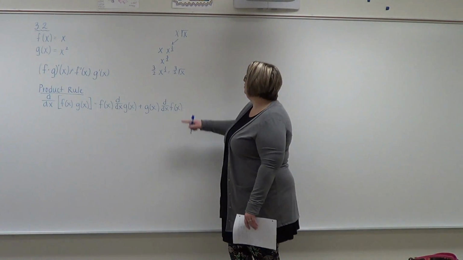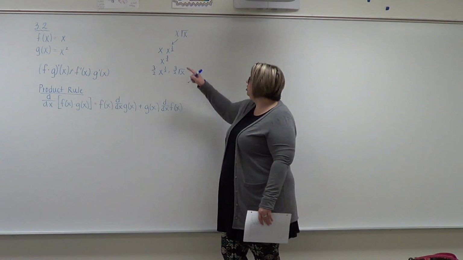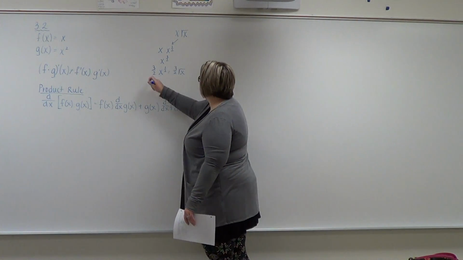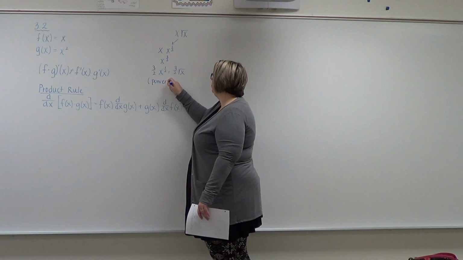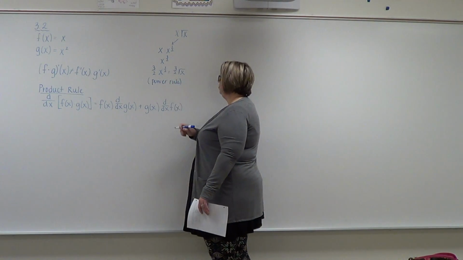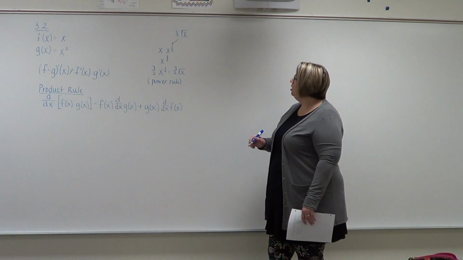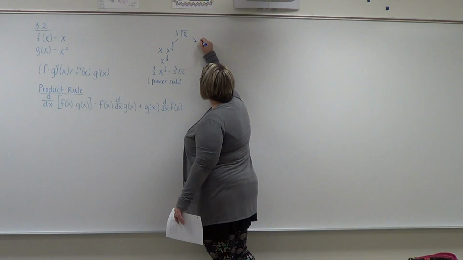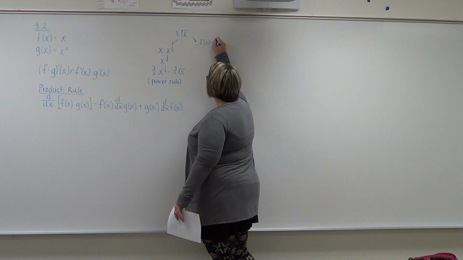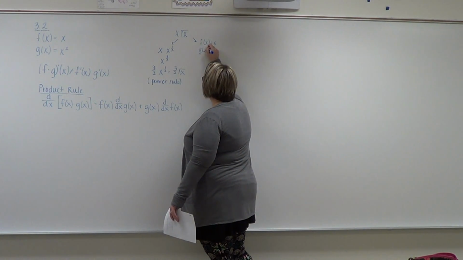Because the product rule says if I have two things multiplied together. So if I did it the other way, this is how we learned how to do the power rule. Okay, so if I do the product rule, that means my f of x is x, and my g of x is square root of x.